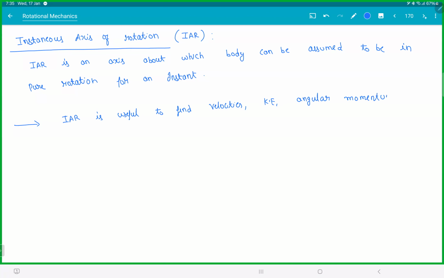If someone asks you to find the kinetic energy of the system, instead of finding translation, rotation, all that, just stand on the IAR and write half I omega square, you'll get the answer. So the kinetic energy of the system would be half moment of inertia about the IAR into omega square. You'll see this IAR is pretty useful. There are certain cases which are very difficult to solve normally. This will help a lot.